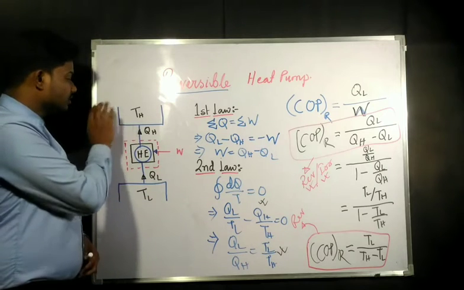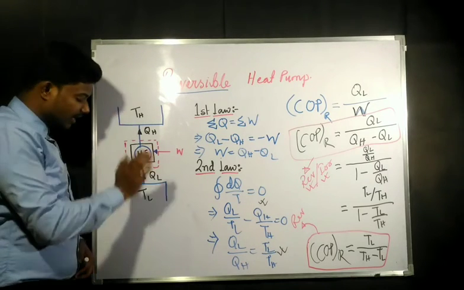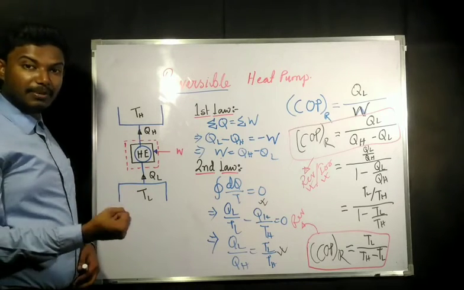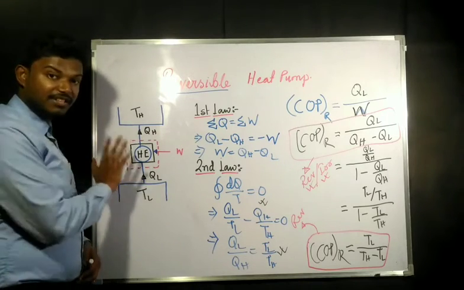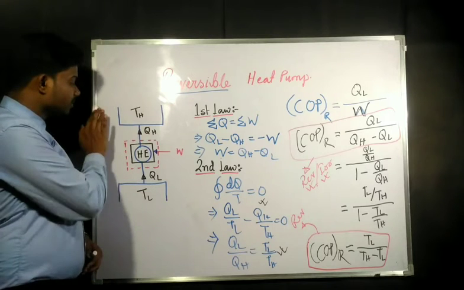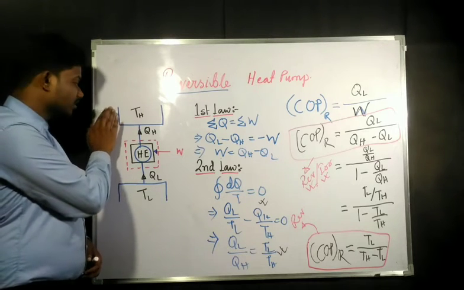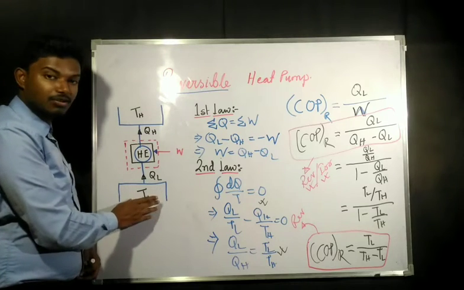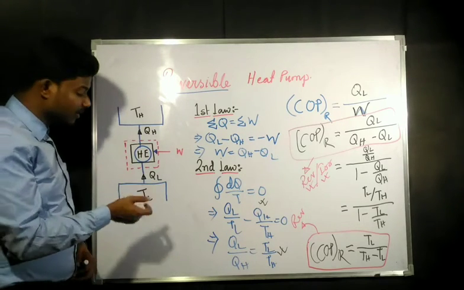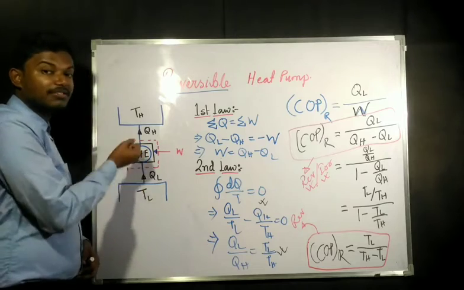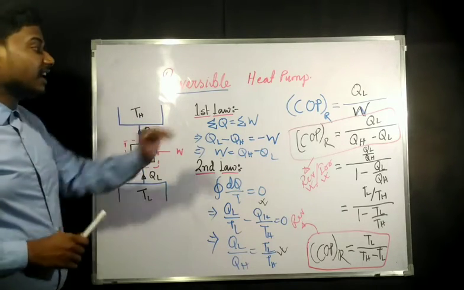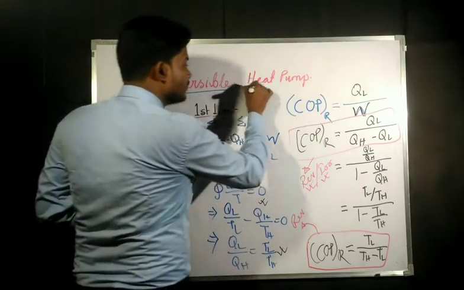Suppose this is the atmospheric temperature, or the reservoir, and this is the space we need to maintain at a lower temperature. So what we did, we have taken some heat out from the space at lower temperature and given it to the atmosphere.